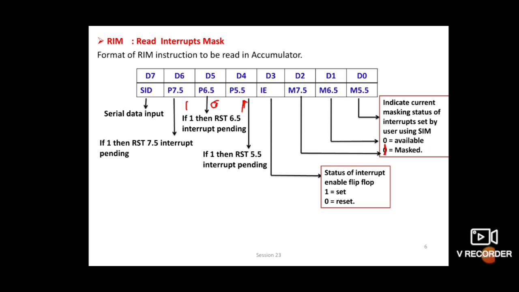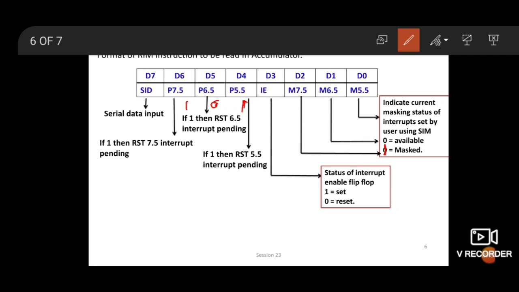M7.5, M6.5, M5.5. Suppose we want to check the status, then using these 3 pins M7.5, M6.5 and M5.5, we check whether it is masked or not. Understood student? These pins are only used for checking the status of interrupts, whether masked or unmasked.